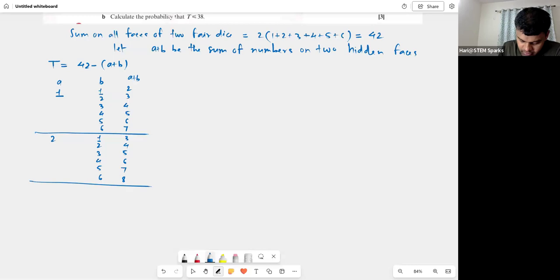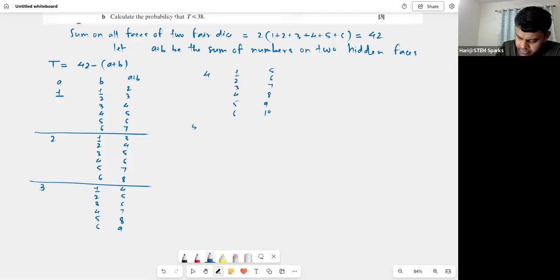Case 3, when the hidden surface of the first die has number 3, the other one could be 1 to 6, so the sum will be 4, 5, 6, 7, 8 and 9. Next case, when the first die has 4, the other one may have 1 to 6, so their sum will be 5, 6, 7, 8, 9, 10.